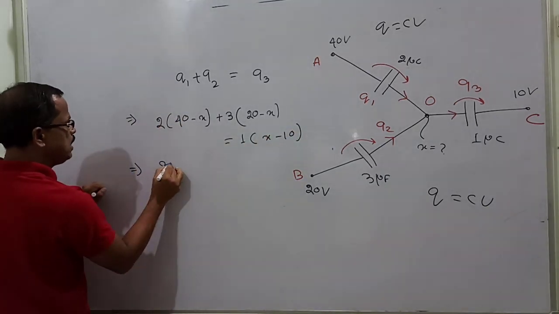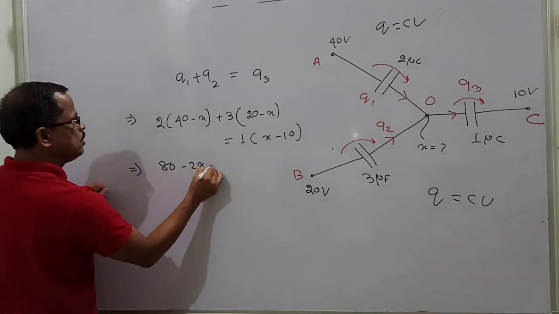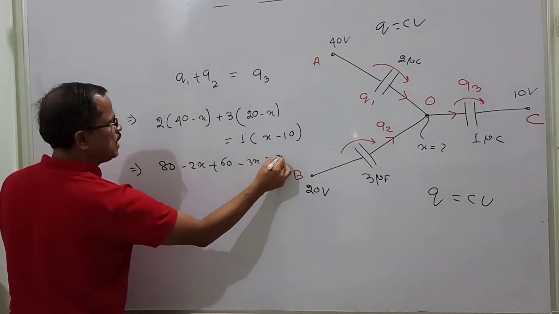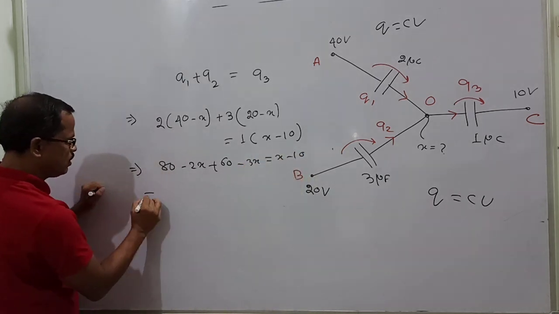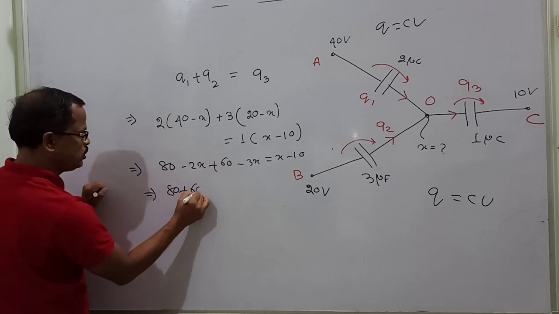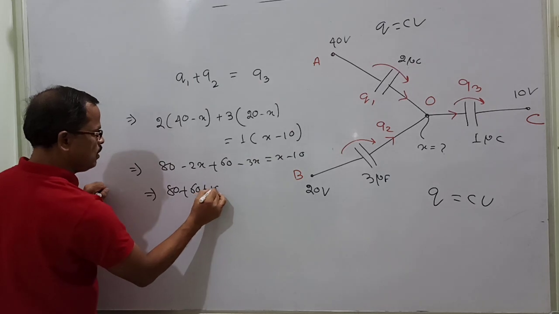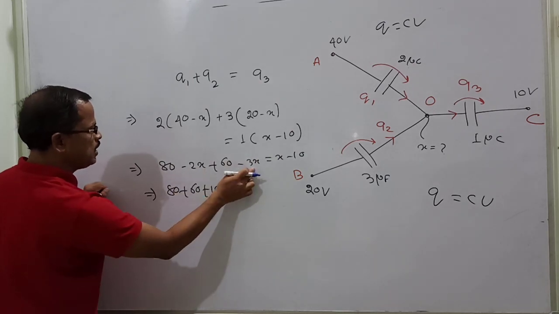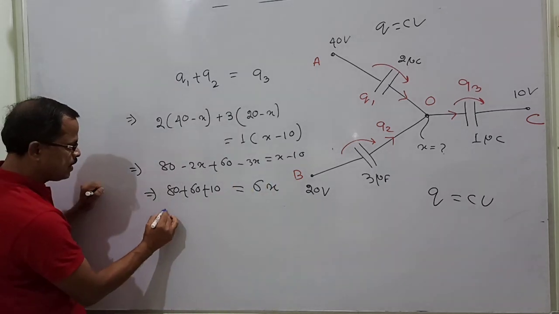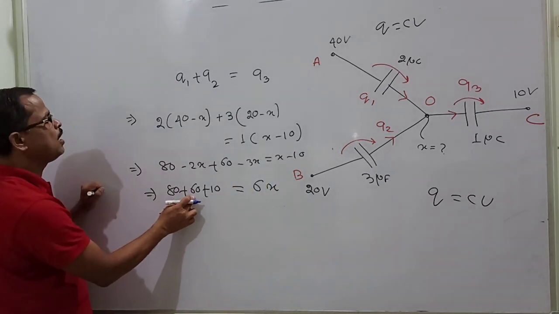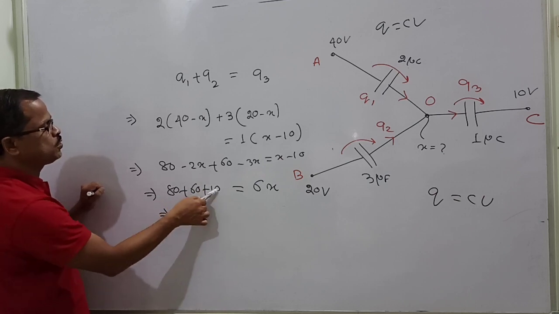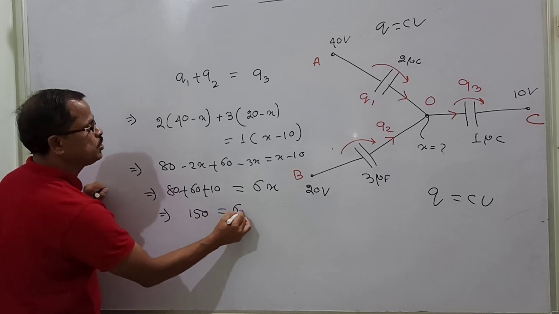It is coming to be 80 minus 2X plus 60 minus 3X is equal to X minus 10. Now solve this: 80 plus 60 plus 10 is equal to 2X plus 3X, 5X, plus X, that is equal to 6X.